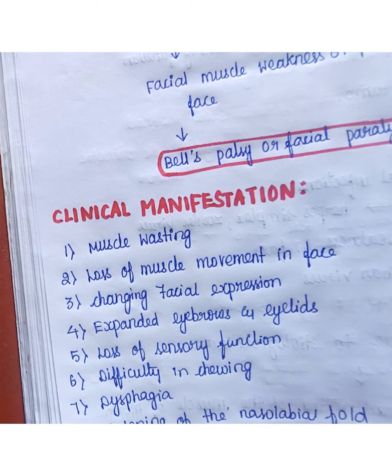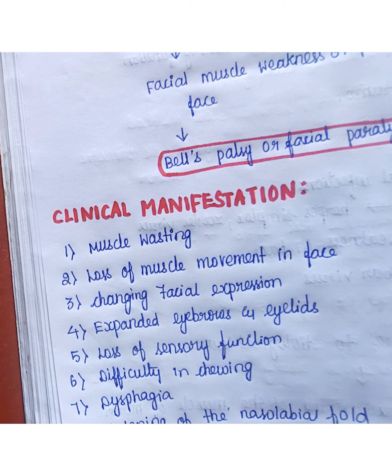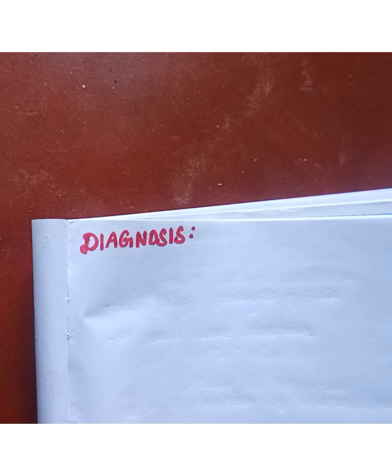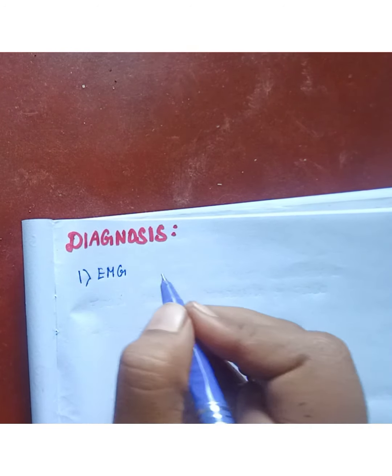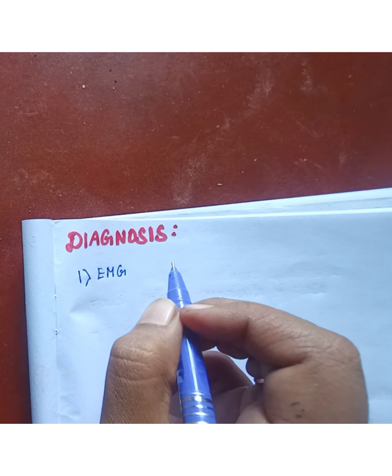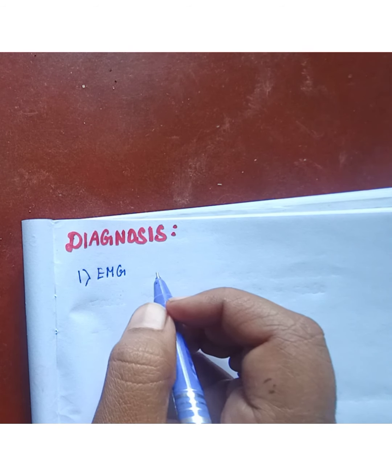Next one is diagnosis. What are the diagnoses of Bell's palsy? The first one is EMG, which means electromyography. It is used to measure the electrical activity of the muscle.